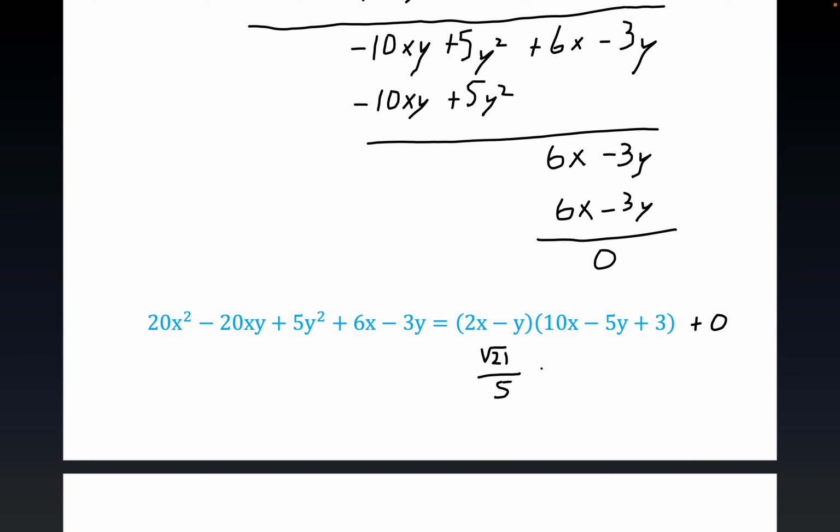And so right here, let me just continue to write. You would have 5. I could cancel it right now, but I just want to make sure. So we'll do root 21 over 5, root 21 divided by 5. And then you still have the plus 3 hanging around over there.